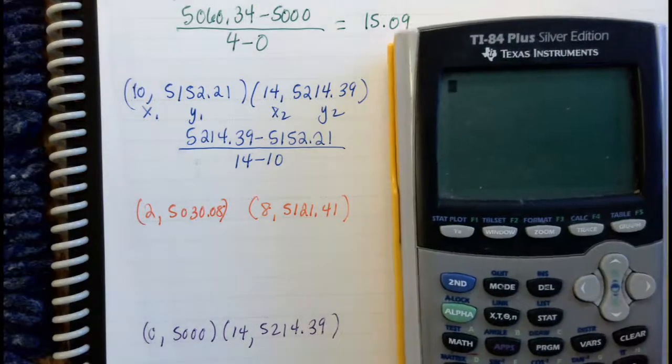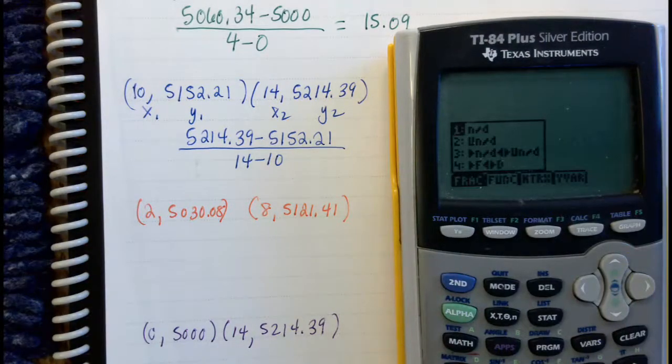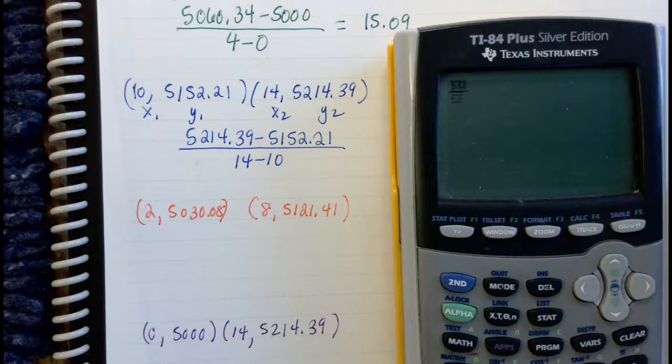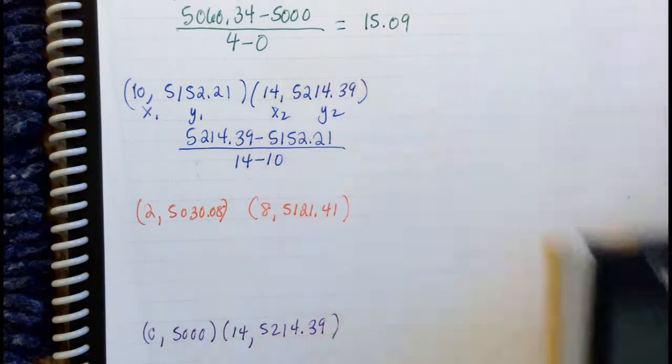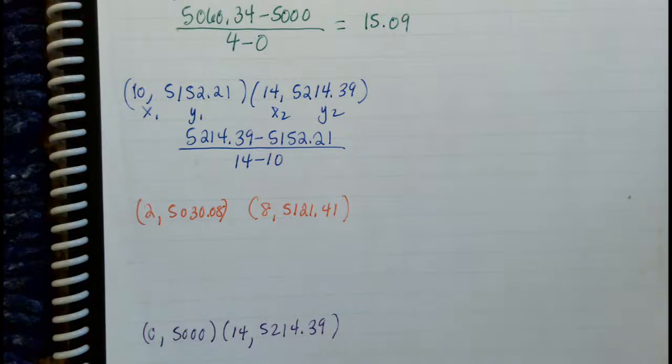When we type this into the calculator, alpha y equals, enter for the fraction button, 5214.39 minus 5152.21 divided by 14 minus 10. We get 15.545, so I'm going to write 15.55.